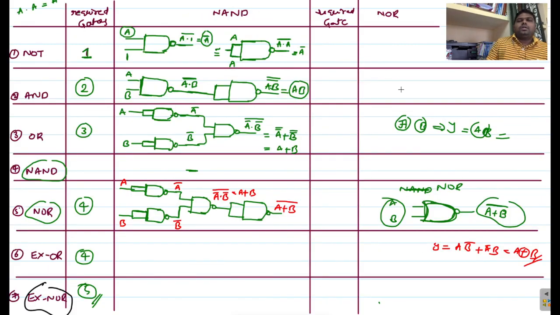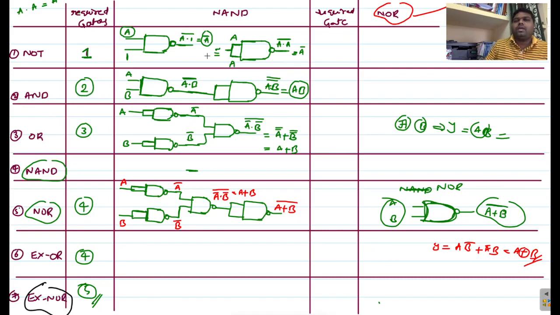So in the same way you can try with the help of NOR realization. Okay, so these are very important from the entrance point of view. To implement this XOR logic, how many NAND gates are required? 4 NAND gates. To implement this XNOR logic, how many NAND gates are required? 5. To implement this AND logic, how many NAND gates are required? 2.